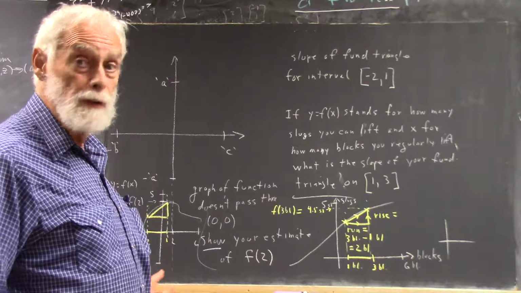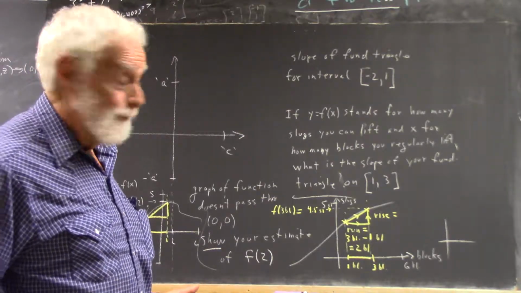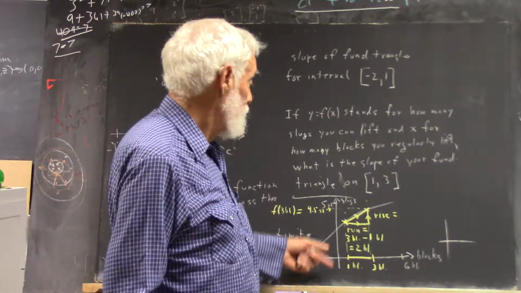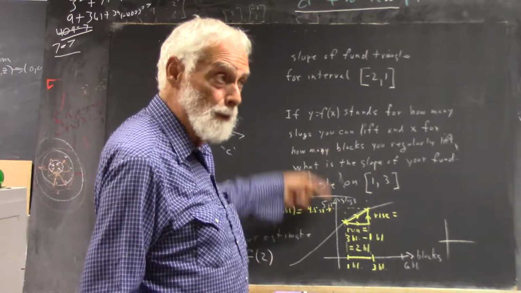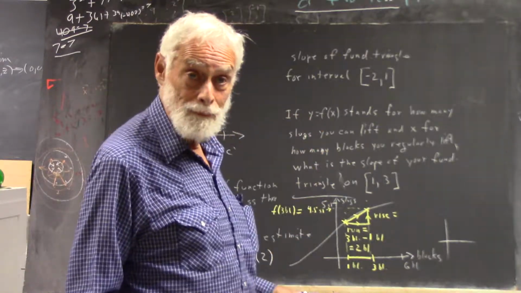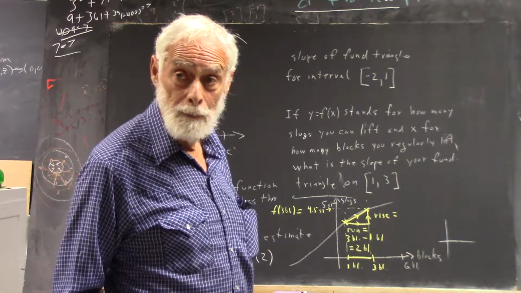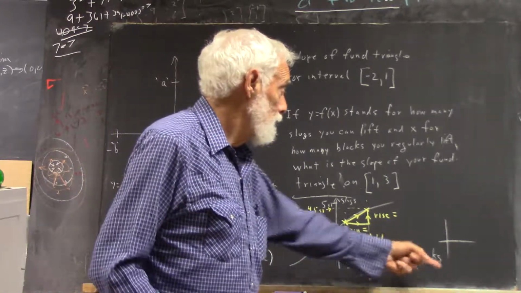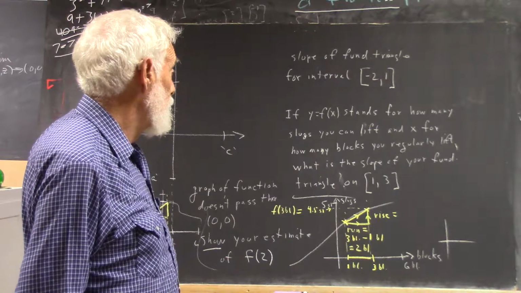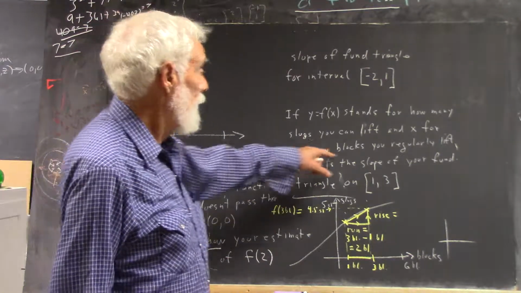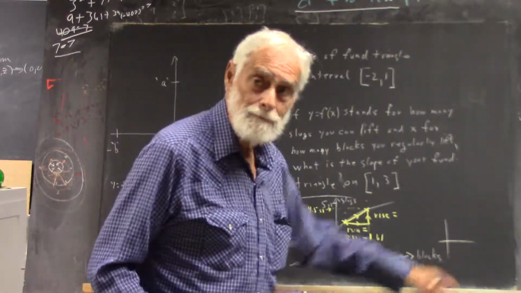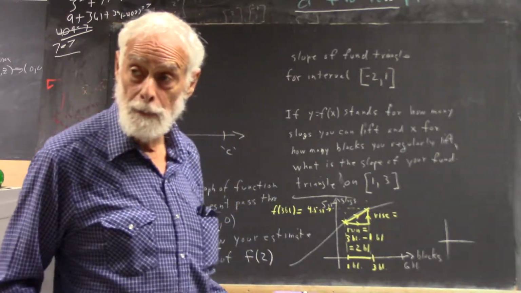Now this is very easy, you just get in the habit. Okay? If I say that Y is your number of slugs, then that means it goes this way, right? And you put slugs here. Maybe abbreviate the unit. Okay? Then if I say X is how many blocks you can lift, then blocks will be there, okay?